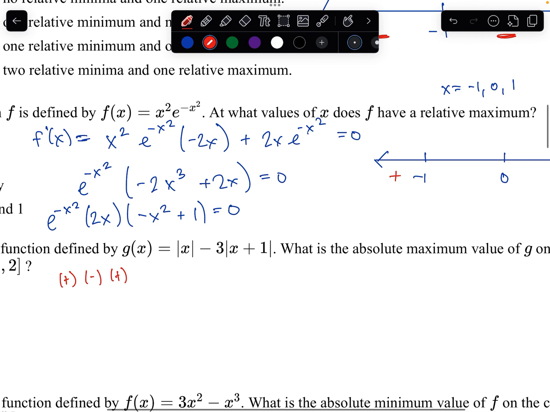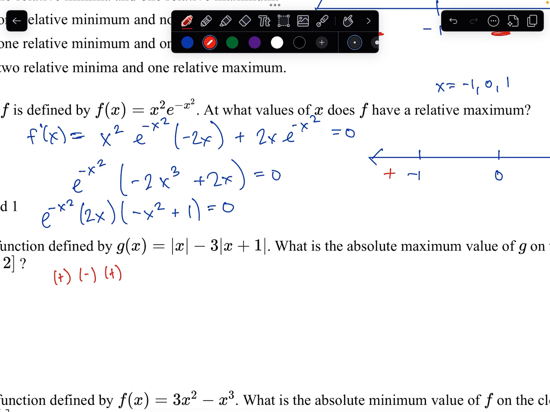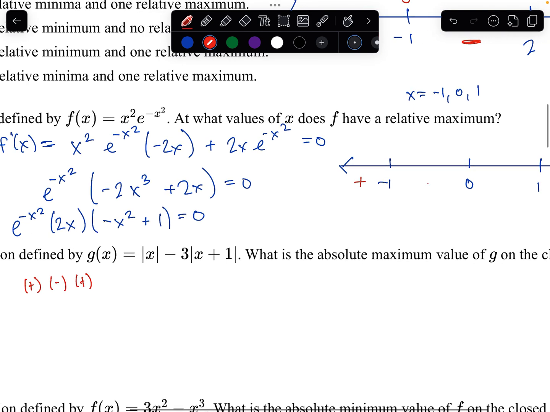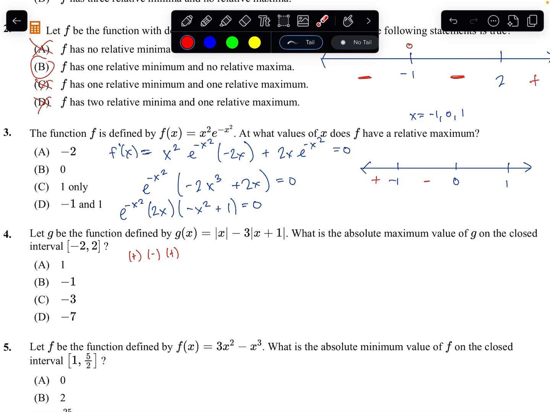And so that means that positive times positive is going to be positive there, which means that the function is increasing. So we do know that we're going to have a relative maximum at -1. In short, it has to be D because it doesn't mention -1 anywhere else.